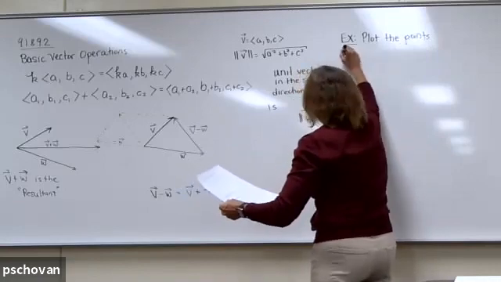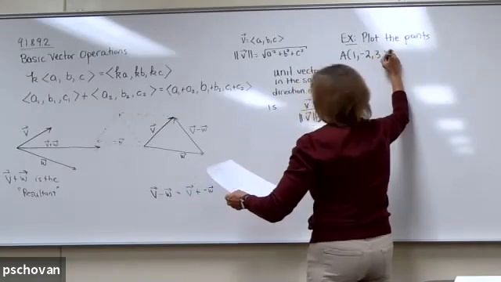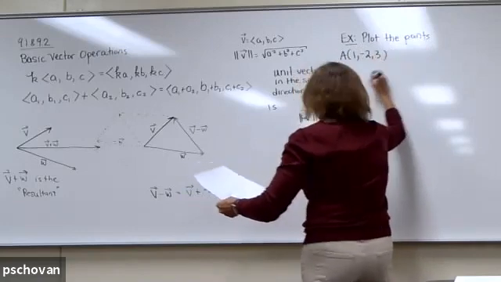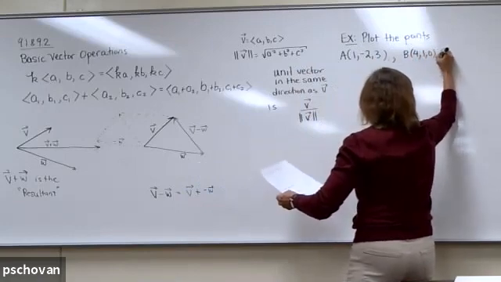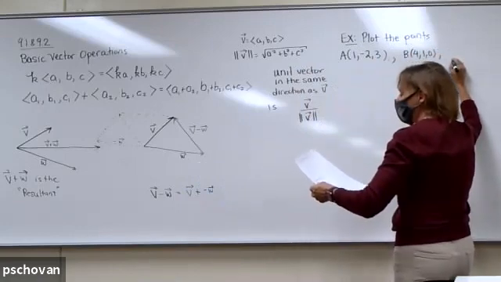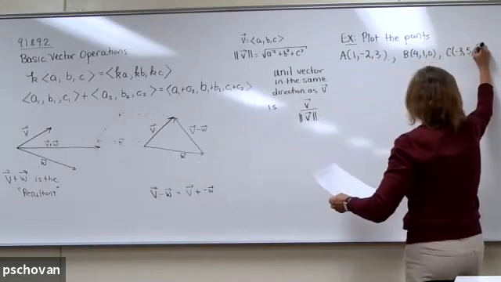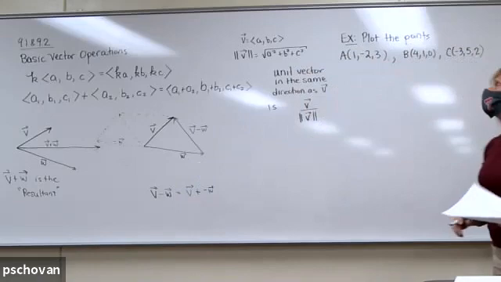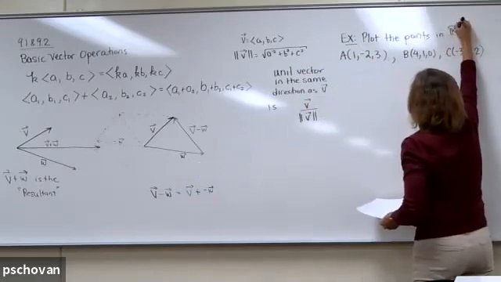Point A has coordinates 1, -2, 3. Point B has coordinates 4, 1, 0. And point C has coordinates -3, 5, 2. So I want you to plot the points in 3 dimensions.